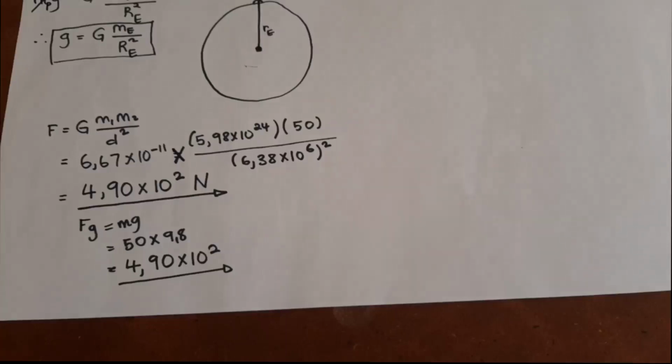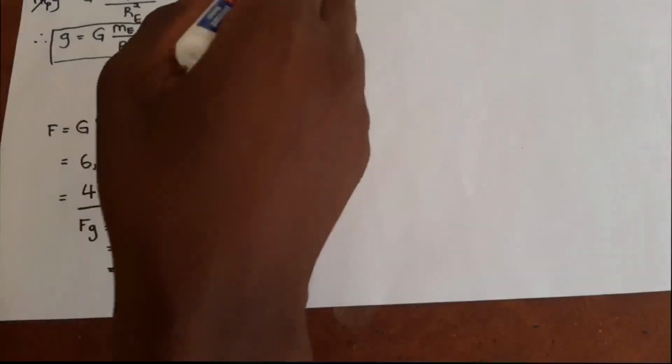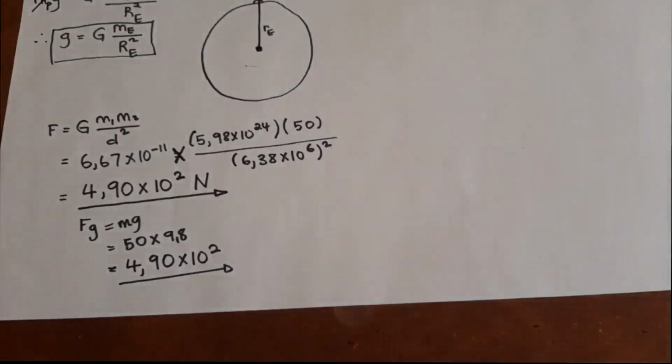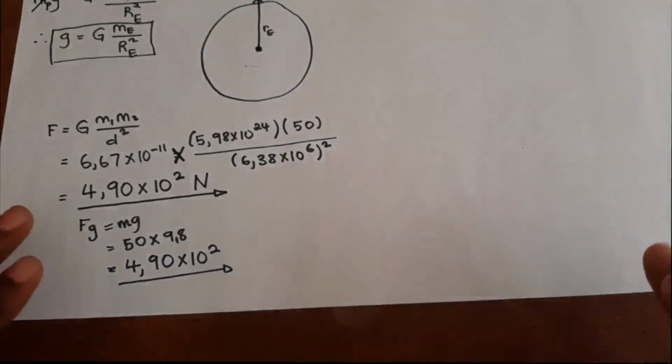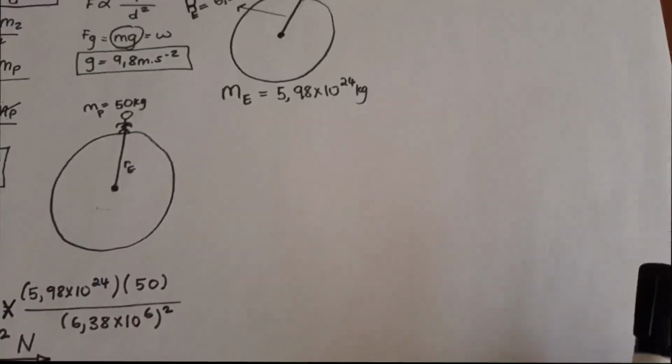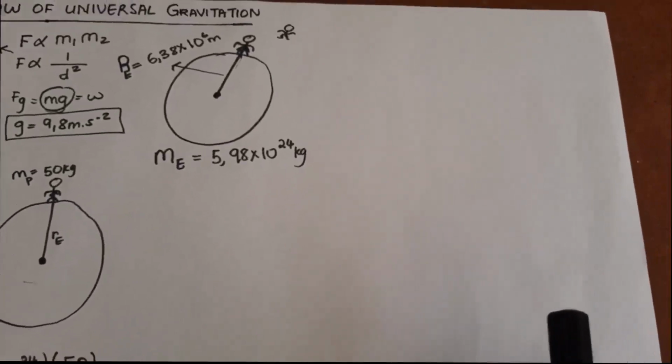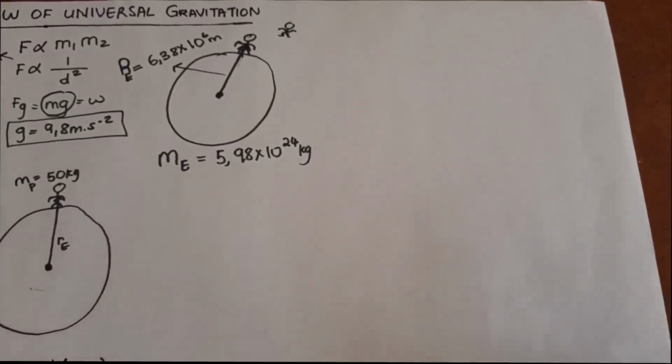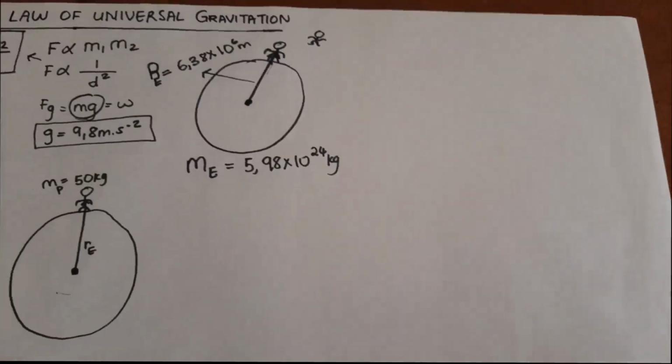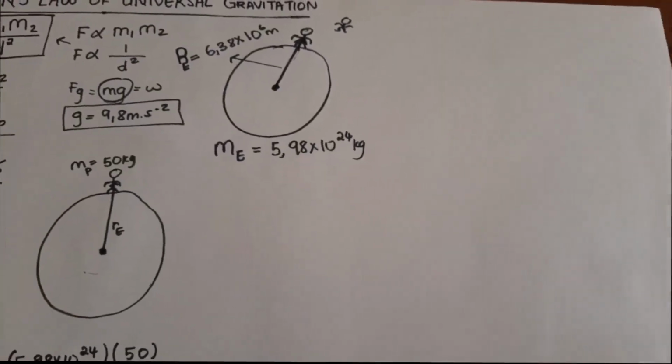So right now, let's say this person is 8,000 meters away from the earth's surface. Okay, let's move this side, sorry. Just give me a few seconds, guys, so that I can arrange my board.